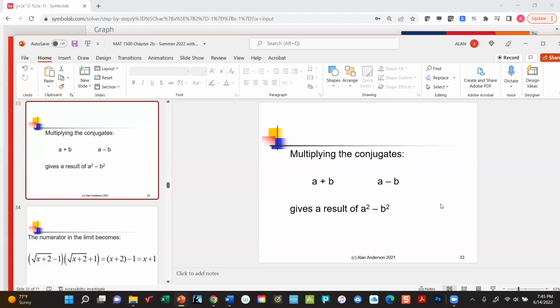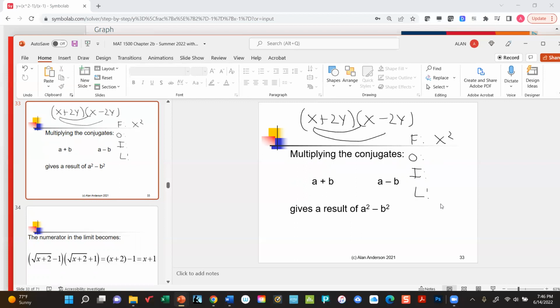Like, for example, x plus 2y times x minus 2y. If you use FOIL here, first is x squared, outer is minus 2xy, inner is positive 2xy, and last is minus 4y squared.